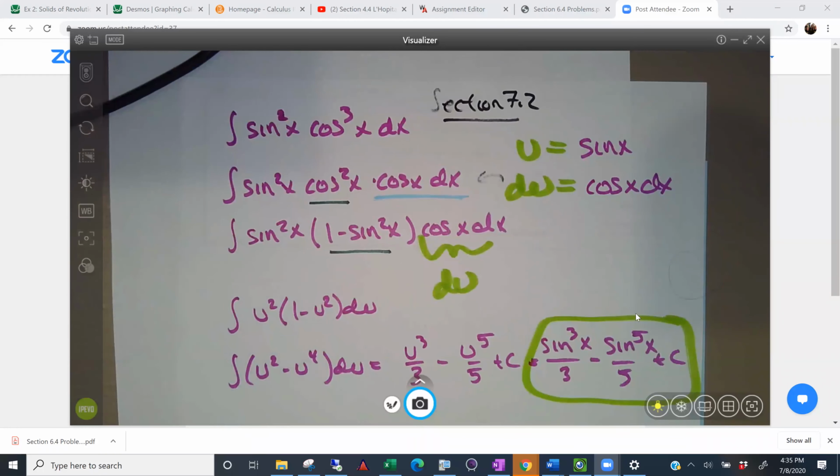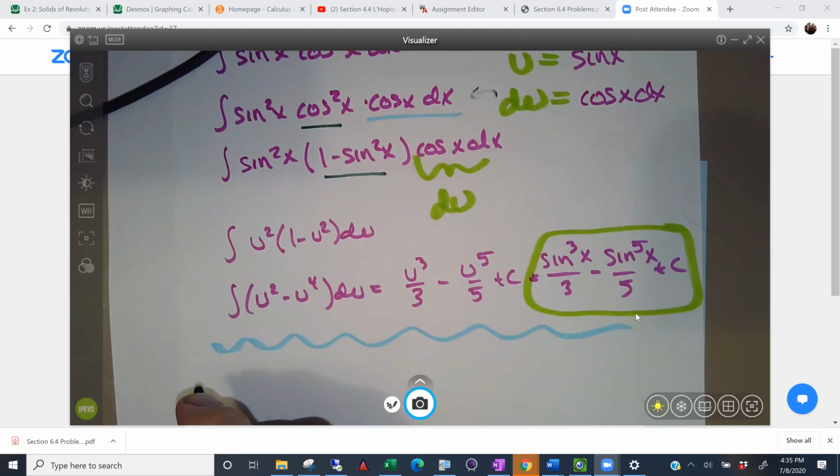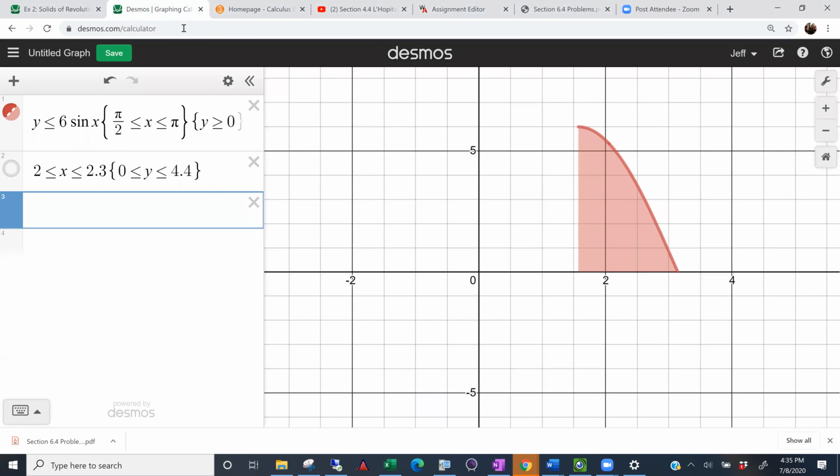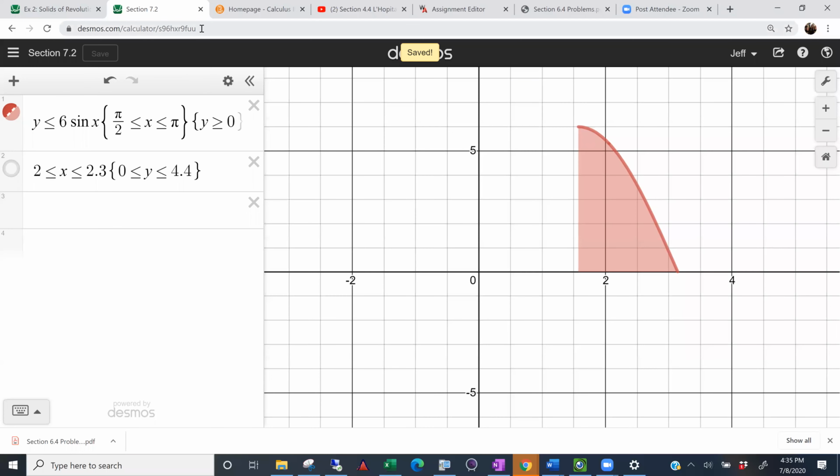Let's do a different one, and actually one with some numbers. Let's take a look at this function. This is section 7.2. And if you like, I'll put this link in the chat to help you out.